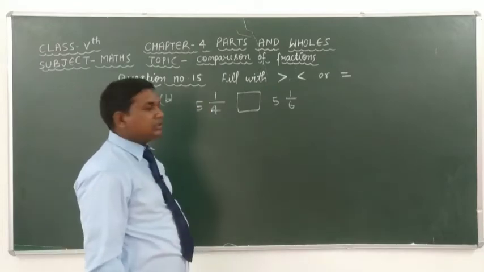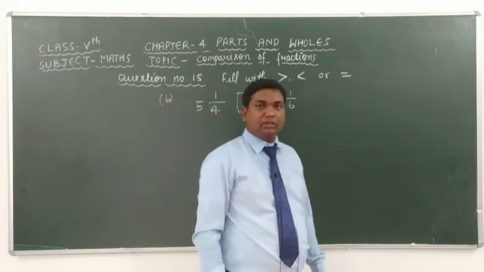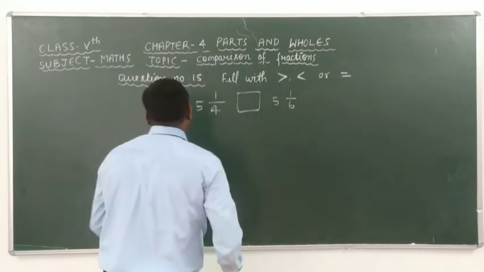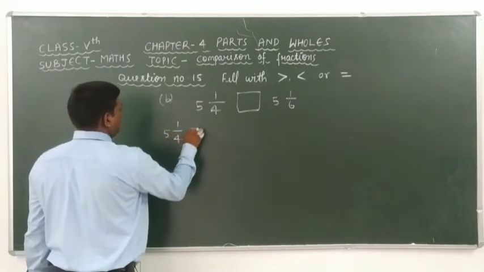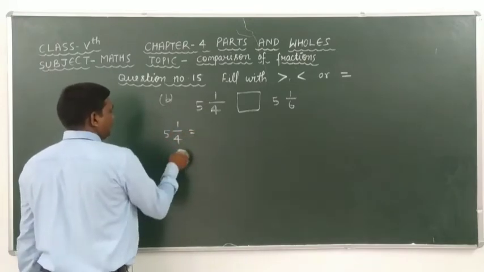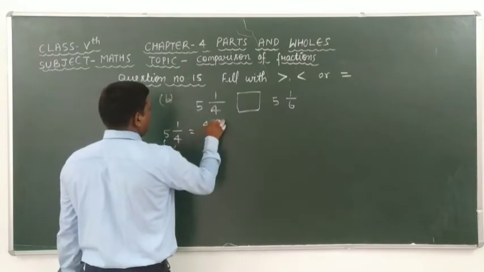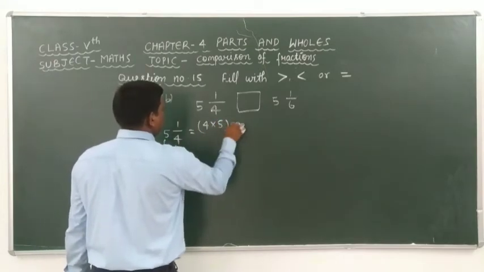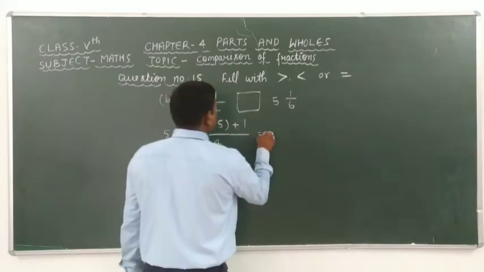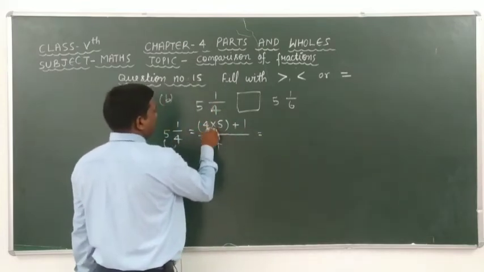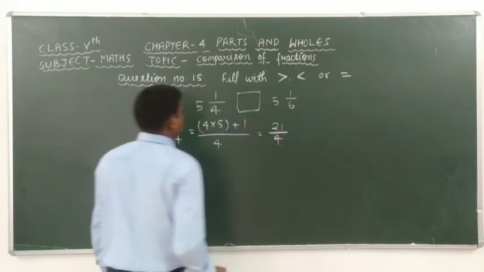Firstly we have to change the given mixed fraction into an improper fraction. We are given 5 whole 1 over 4. We take 4 into 5 plus 1 over 4. After solving, we get 4 5s are 20 plus 1 is 21 over 4.